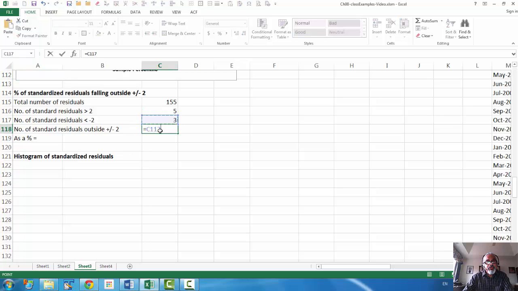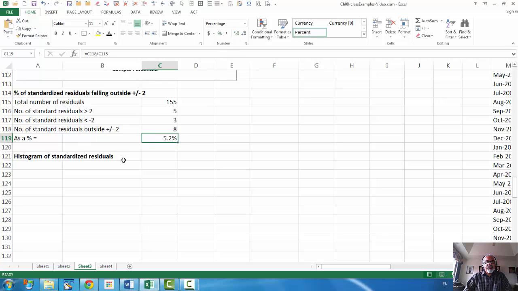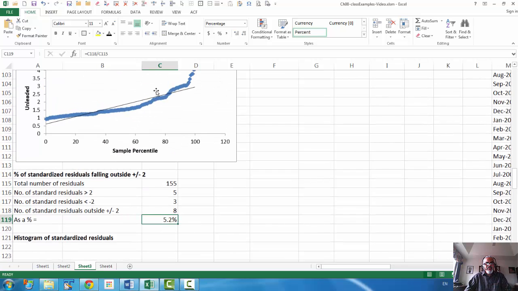There are 8 of them, so that will be 8 out of 155. In percentage terms, that's about 5%, a little over 5%, but that's all right. So this is promising. So there is one test that it passes, and one test it doesn't pass that well.